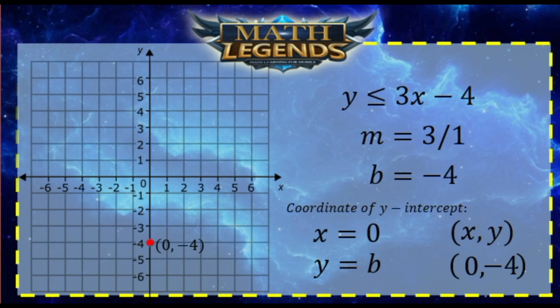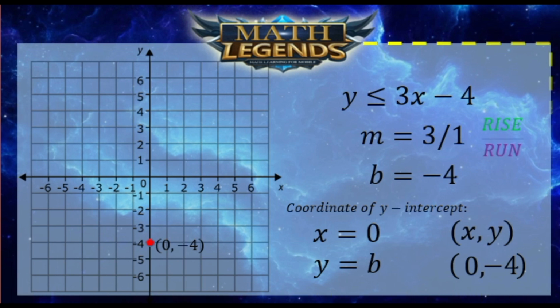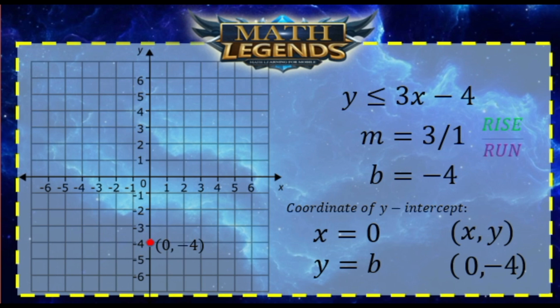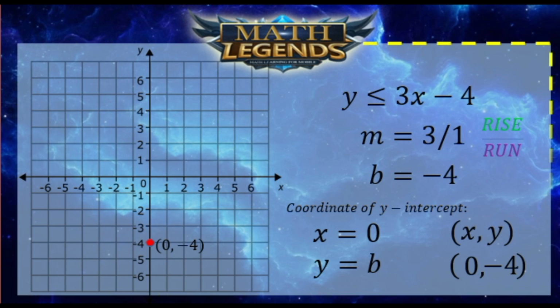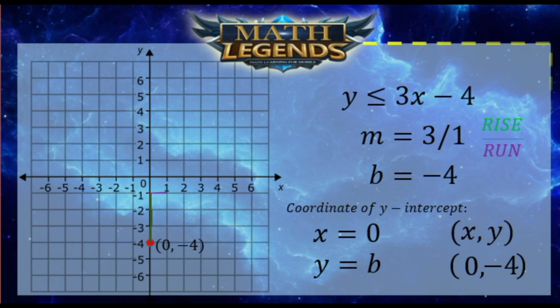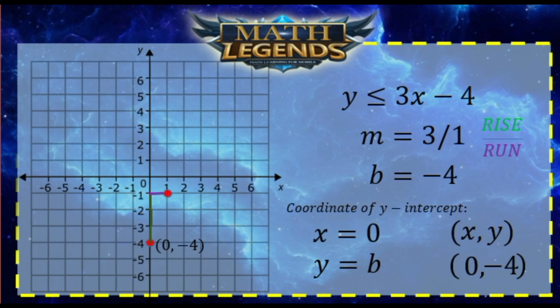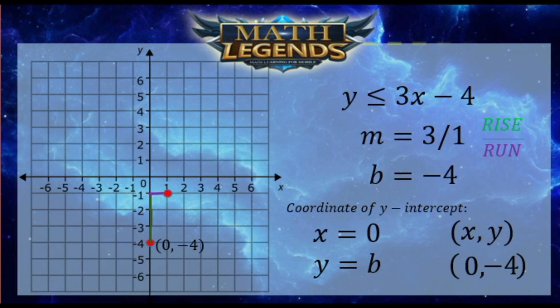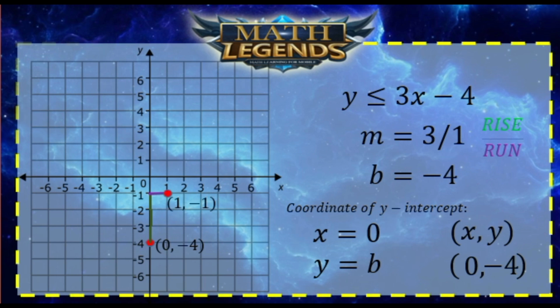And after that, using the slope 3 over 1, we're going to use the rise over the run. In here, we're going to rise 3 times and run 1 time. So here we will have 3 rise, 1, 2, and 3, and we have 1 run. And since it is positive, we're going to run on the right side. 1. And let us mark the point and label it, wherein it will become 1 and negative 1.